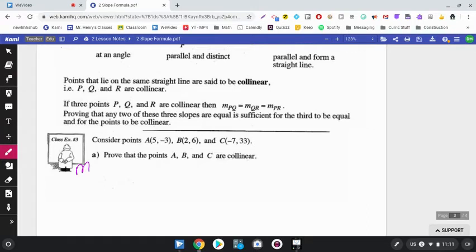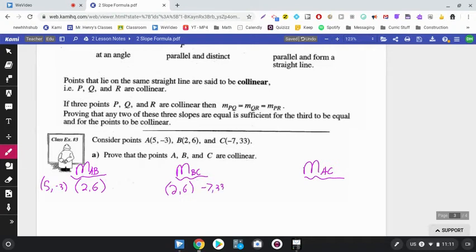I'm going to calculate the slope from A to B, the slope from B to C, and then the slope all the way from A to C. For the first one, I'm dealing with 5, negative 3, and 2, 6. For the second one, I'm dealing with 2, 6, and negative 7, 33. And for the last one, I'm dealing with both ends, 5, negative 3, and negative 7, 33.